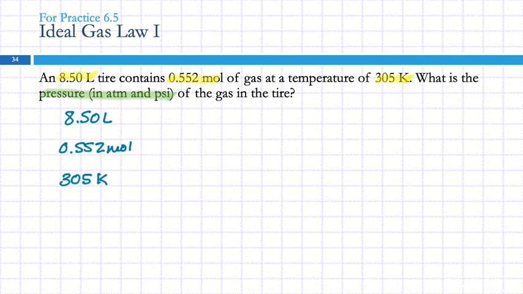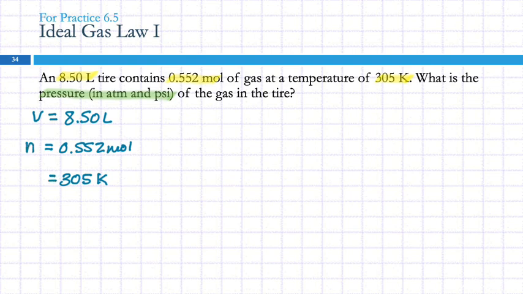And then let's identify these. 8.5 liters, is that volume, pressure, temperature, or moles? That's the volume, right? And what about 0.552 moles? P, V, n, or T? That's going to be n. And how about 305 Kelvin?